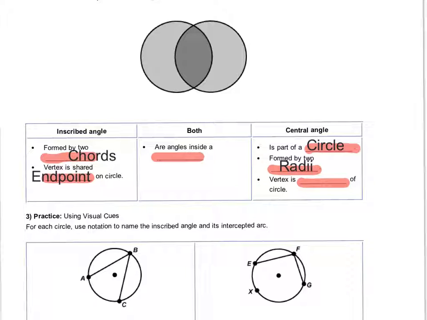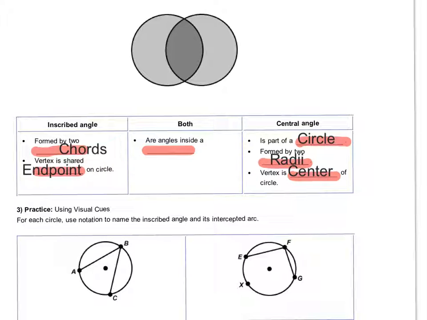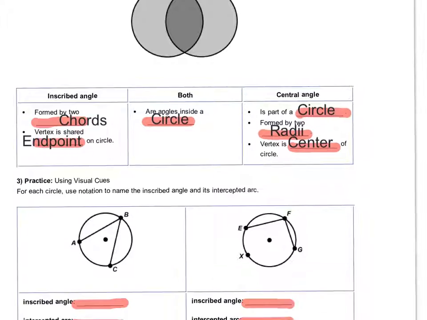And the vertex is the center of the circle. A thing that inscribed angles and central angles have in common is that they are angles inside a circle. So on this line here, you will put circle. All right, let's move on.